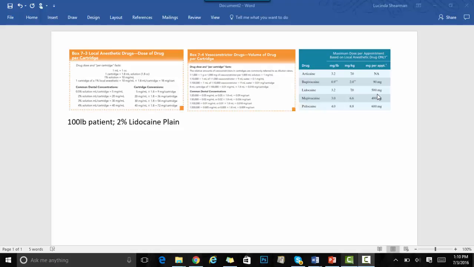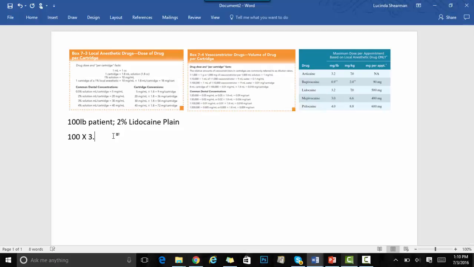To calculate the MRD for this particular patient, we must multiply their body weight, which is 100 pounds, by the milligrams per pound for lidocaine, which we can see here is 3.2.